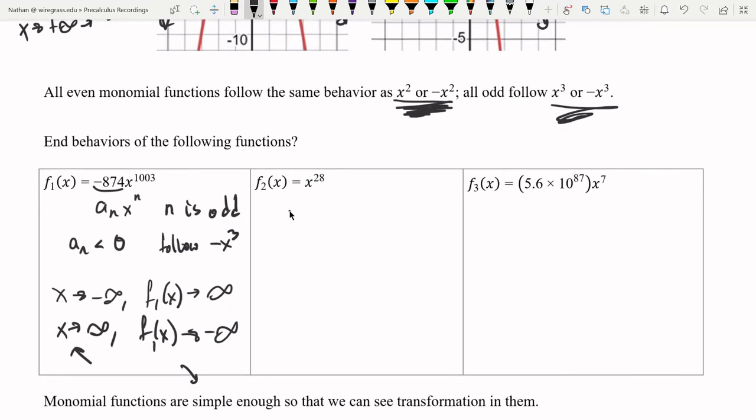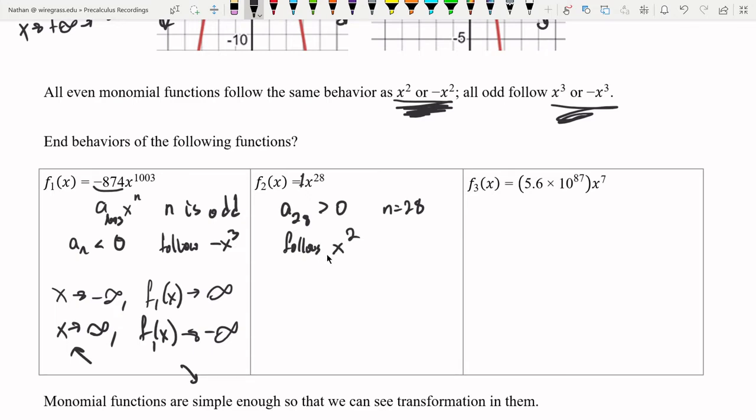Okay, here we have a_n, which I should say really this is a_28, just like the previous one was a_1003. n just refers to the leading coefficient, and so a_n is the leading coefficient term. So yeah, a_28 is greater than 0 because it's just 1 here, and n equals 28. So this is going to follow x squared.